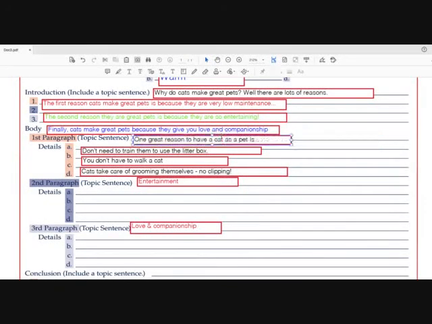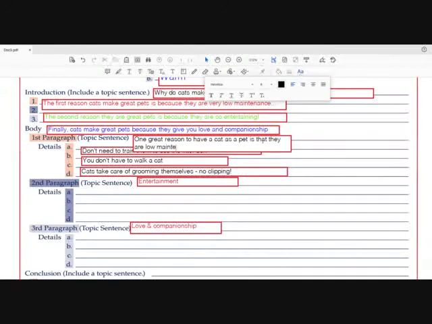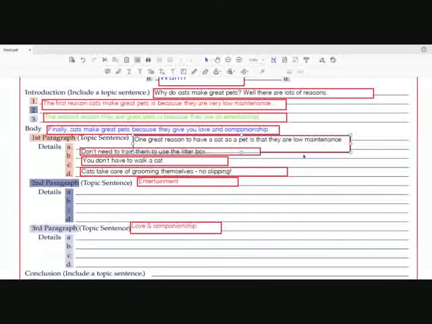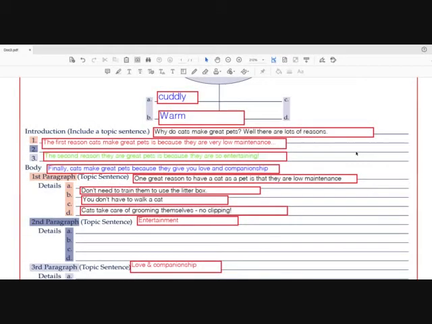If I move that over here, the topic sentences. All right, and have a look at what's happening here.